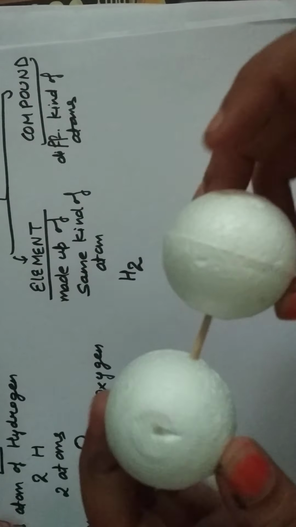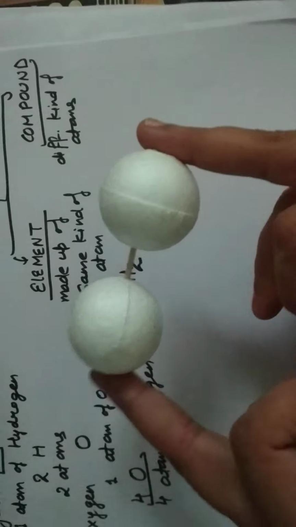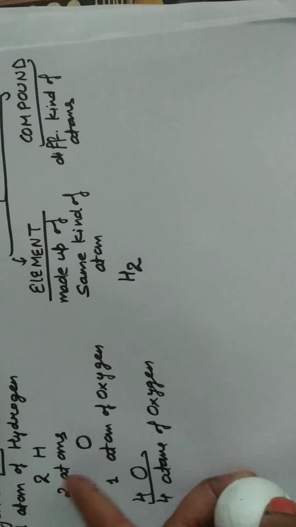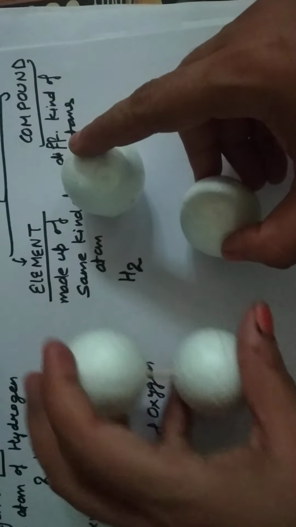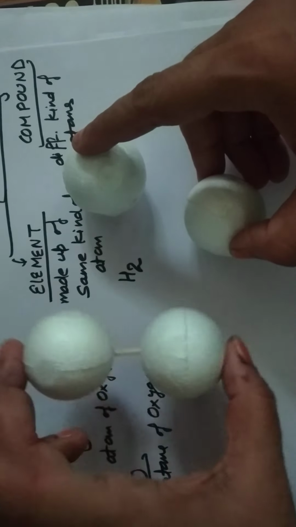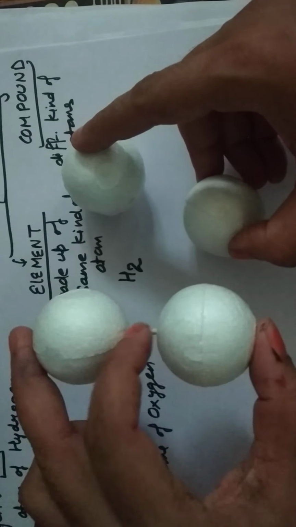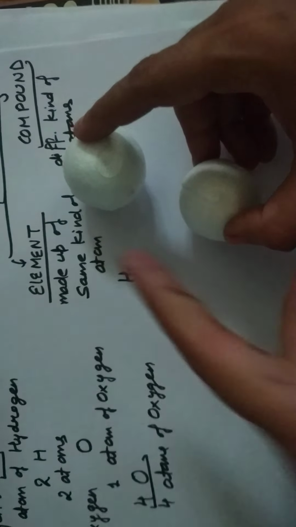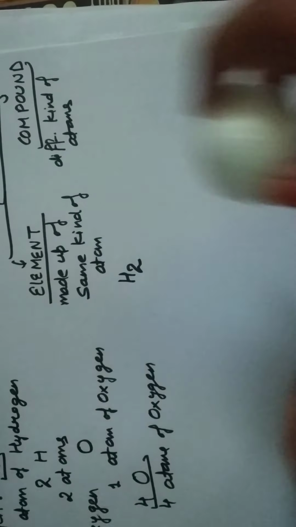This is one molecule of hydrogen in which two atoms are joined. Now 2H means two separate hydrogen atoms, but H2 represents one molecule of hydrogen, in which two hydrogen atoms are joined together.